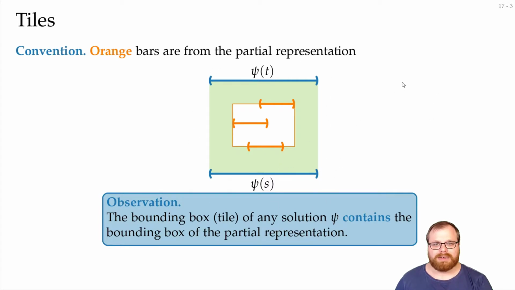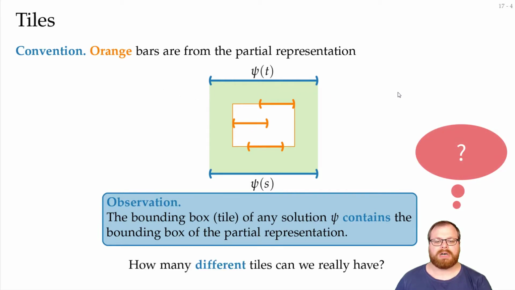But if we look at it from the outside, we don't really care what happens in the interior of this. We only care what is the dimension of this box, and we only care if we can make it wider or narrower.